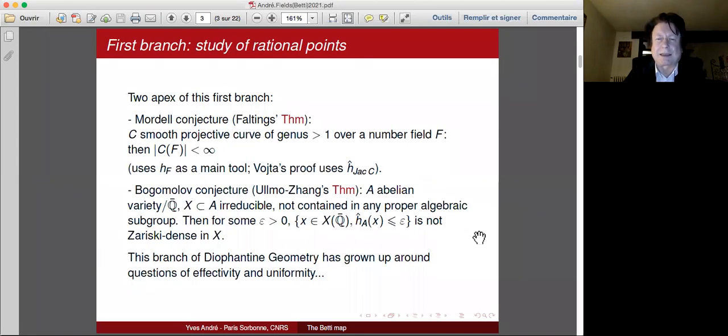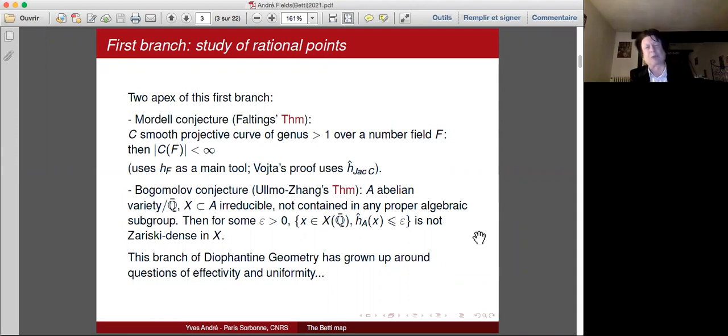Okay, let me recall two apexes of this first branch of Diophantine geometry. I will argue that there are now two branches of Diophantine geometry: the older, classical one, a study of rational points, and a newer, younger one. For the first branch, maybe the most famous result is the Mordell conjecture, proved by Faltings' theorem.